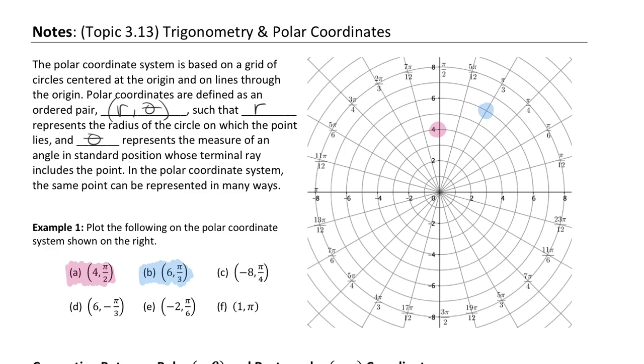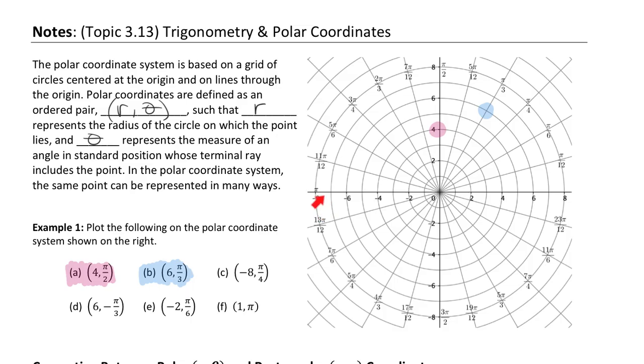Now the next question gets really interesting. This says negative 8 comma pi over 4. Where should I start pointing my finger the first time for negative 8? The left side. So it is still a radius of 8, but it has been reflected. So we're starting at negative 8. From here, I want to move pi over 4. I am not jumping back to pi over 4.